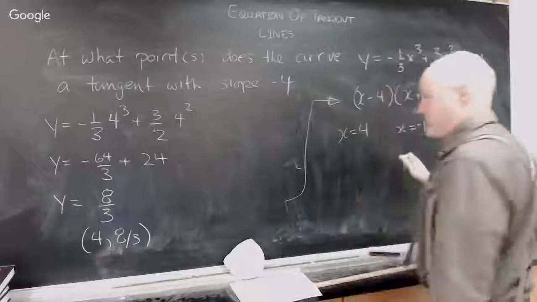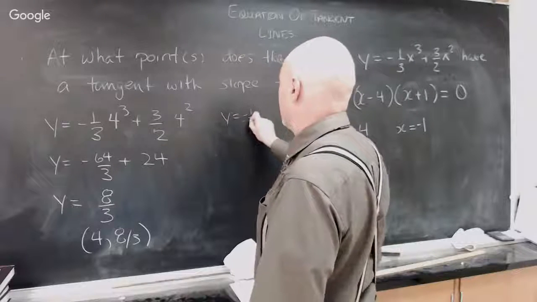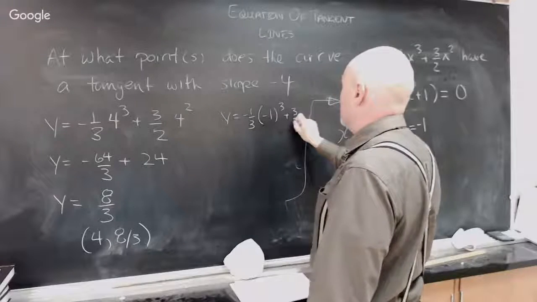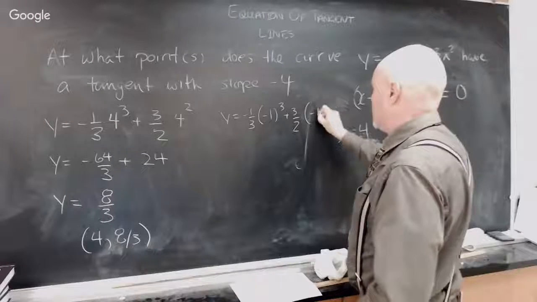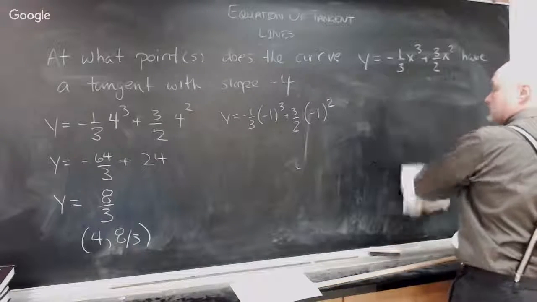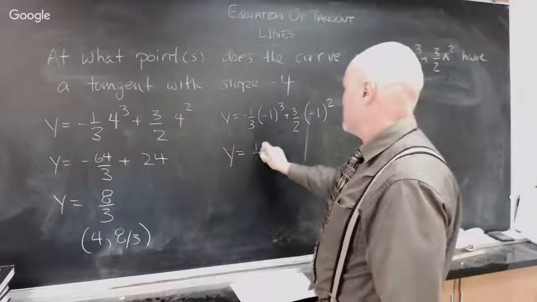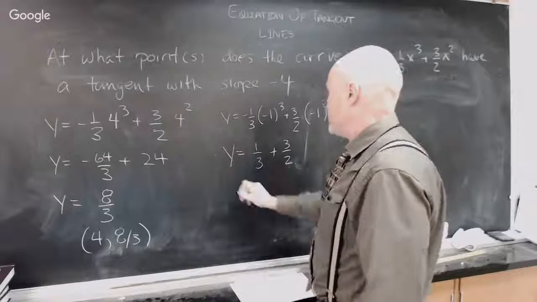And now we're going to go through the same process with -1. And so this is 1/3 plus 3 halves.